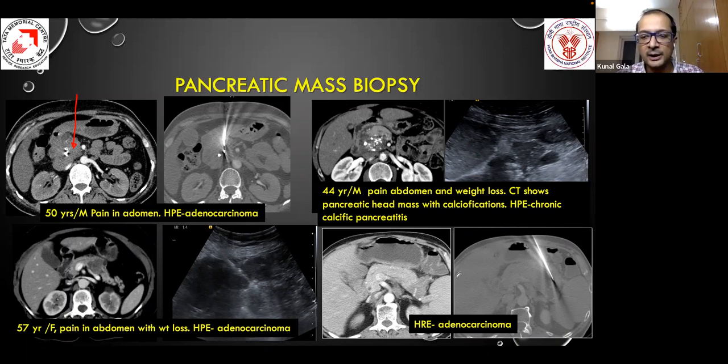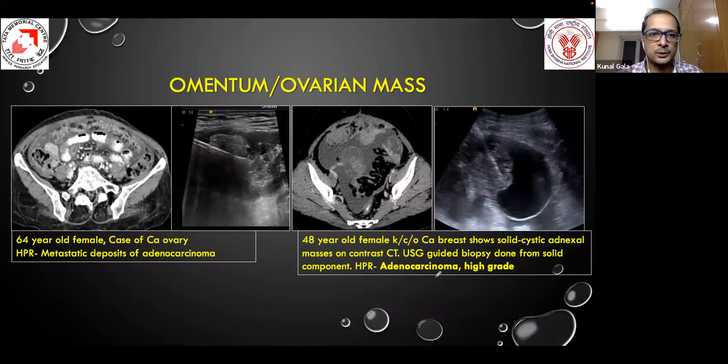So this is another lesion which is located in the tail of the pancreas, and a biopsy is performed with the help of a transgastric approach. Coming on to omental and ovarian masses, one can take a biopsy from the omentum. One can do a biopsy in case of ascites where there are peritoneal or omental deposits.